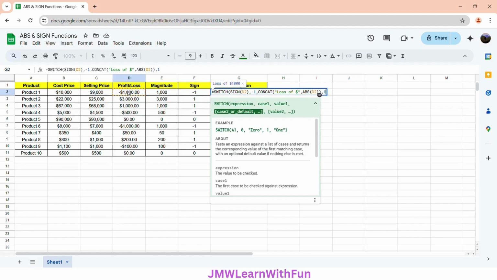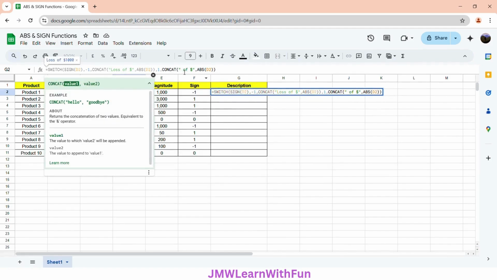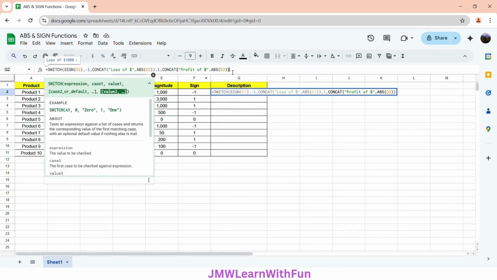Case 2 will be 1. Value 2 will be concat, profit of dollars, comma, ABS(D2). Case 3 will be 0, value 3 will be no net profit or loss.